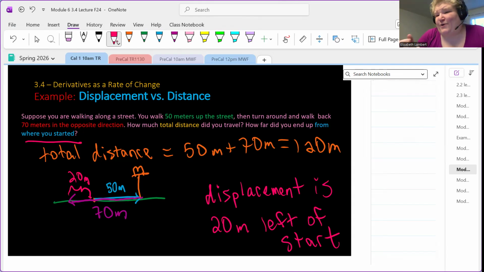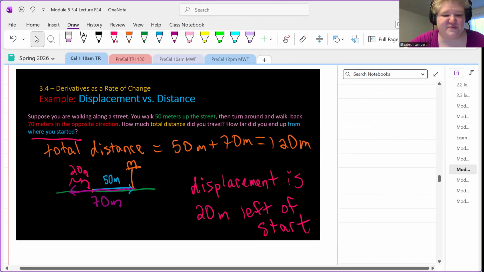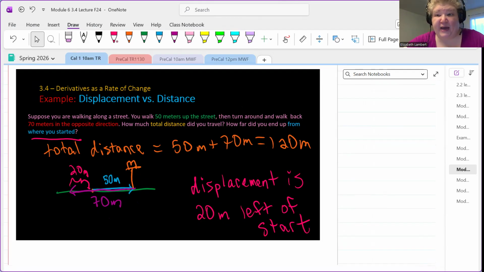Maybe it was north and south. So we have to be careful when we have signs on something that indicate direction: how the numbers interact, and how we want them to interact, changes based on the circumstances we're talking about.